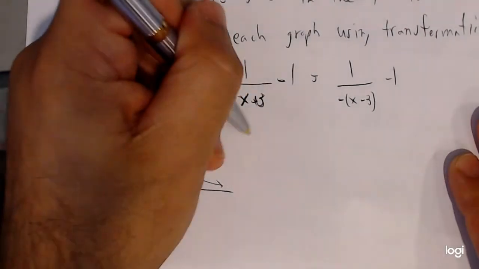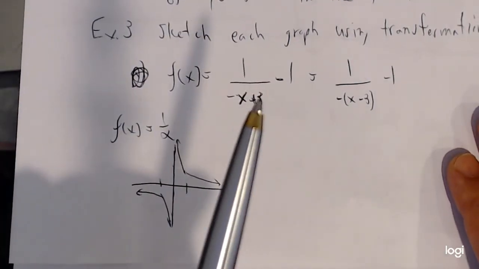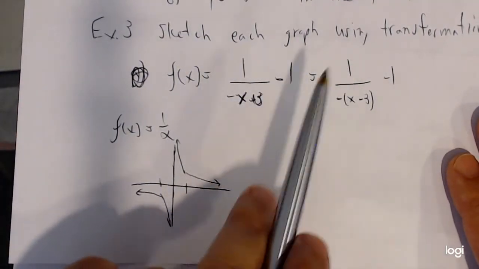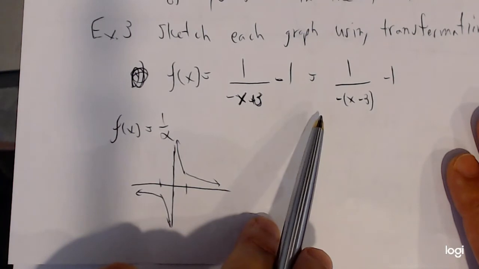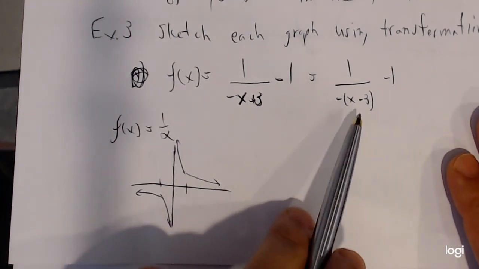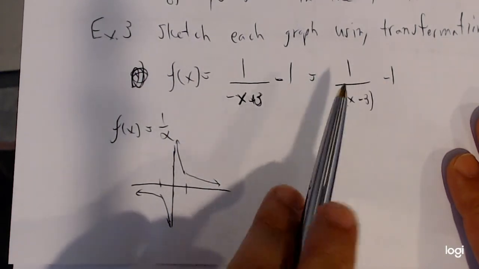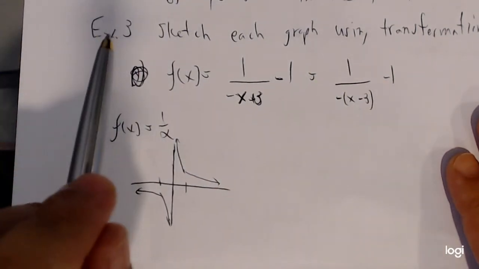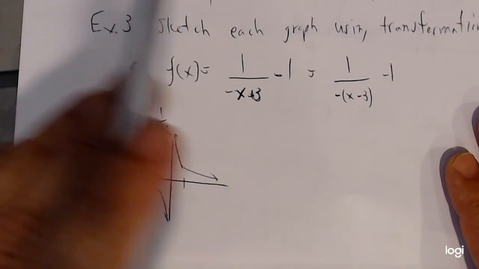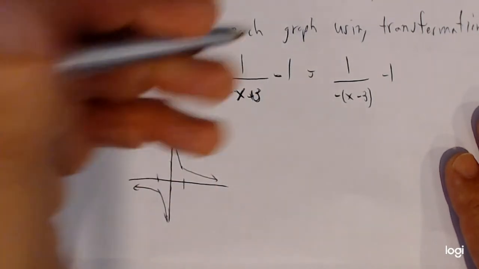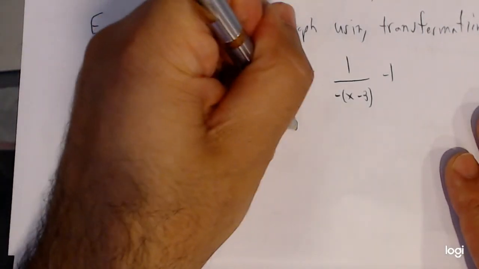Okay, so then I could say, all right, now one other comment I want to make. I always leave transformations until the end. As far as the vertical and horizontal transformations, always do reflections first. That's going to help us from making mistakes in the long run. So always do reflections first.